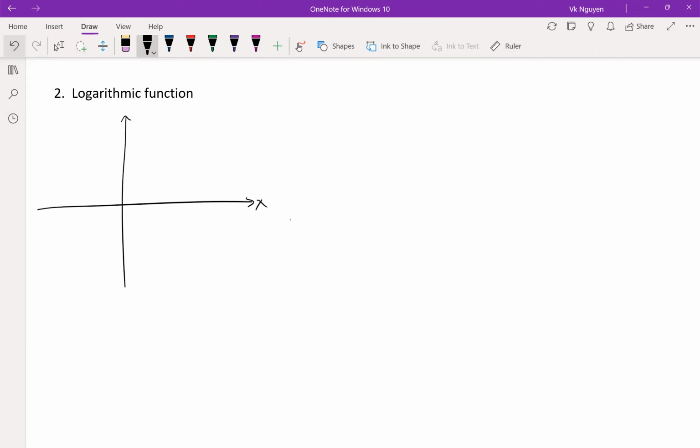So this is an exponential function, f(x) is b to the x. And as you can see, it has one input for every output. One input, one output. So this is a one-to-one function here.